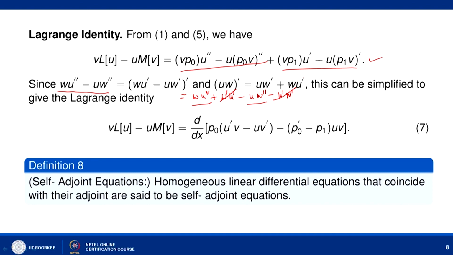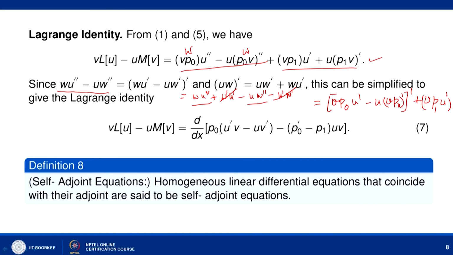So using this, here your W is V P0. So I can write this term as V P0 U dash minus U V P0 dash, whole dash, plus V P1 U dash.